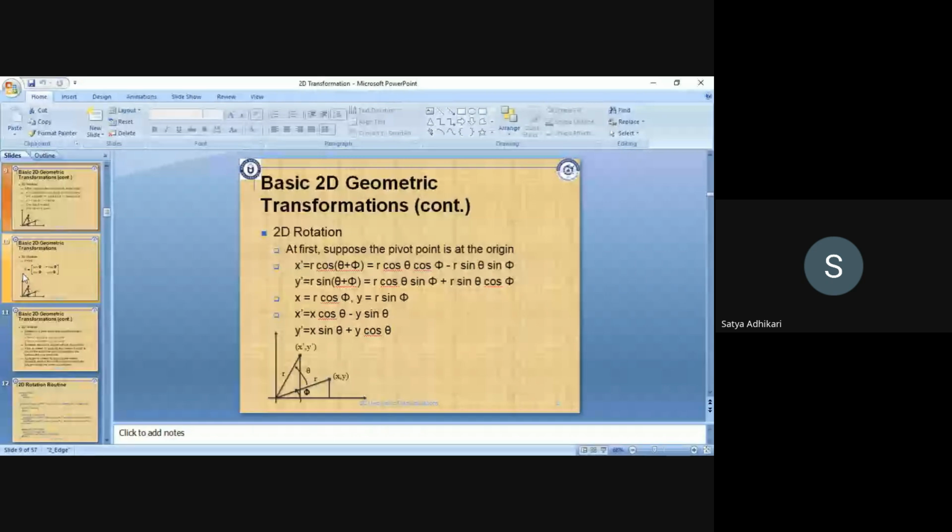You see, suppose the point is at x y, and we want to rotate about the origin. So the pivot point is the origin. And we want to rotate by the angle theta.